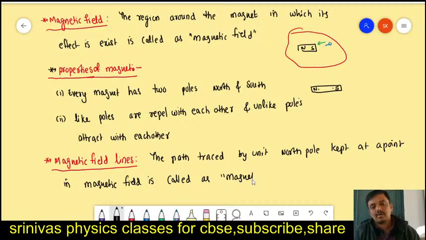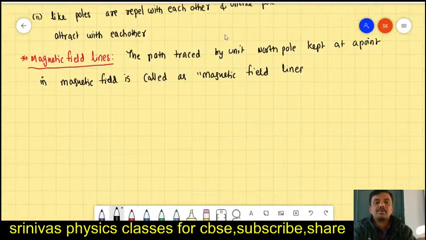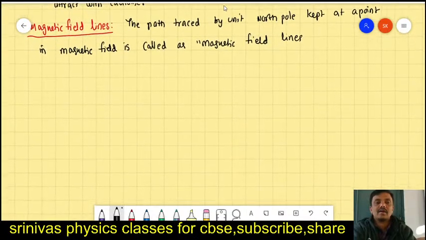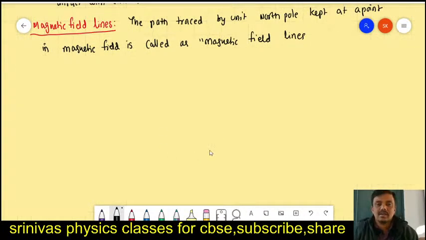This is about the magnetic field line, right? Okay. What is this magnetic field line? The path traced by a unit north pole kept at a point in the magnetic field is called the magnetic field line. What is this path traced by the unit north pole?